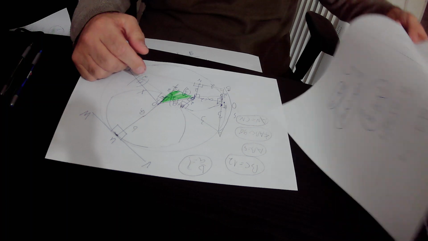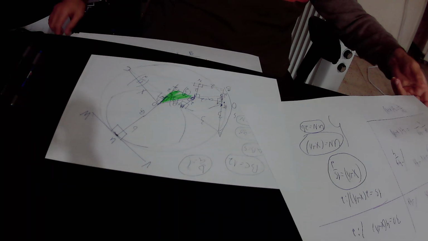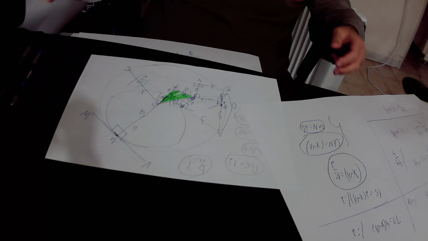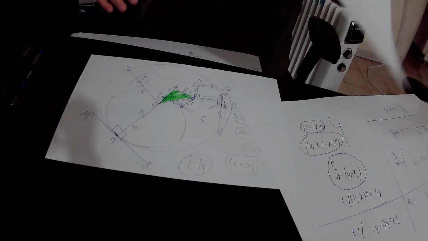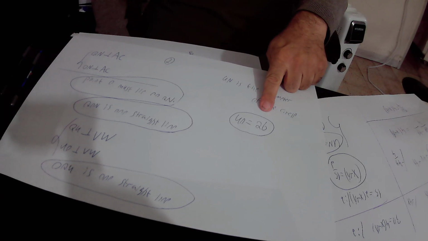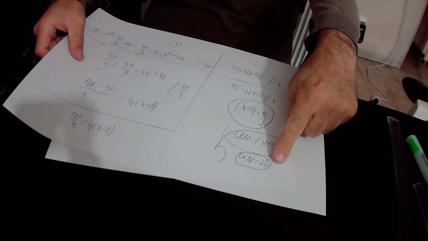So you can write here that UN equals x plus h, but we've already found that UN also equals 2b, it is the diameter of the circle. So you can write down that UN equals 2b.